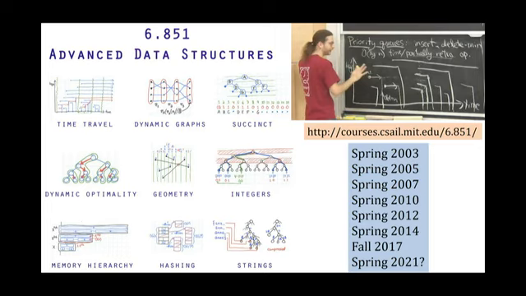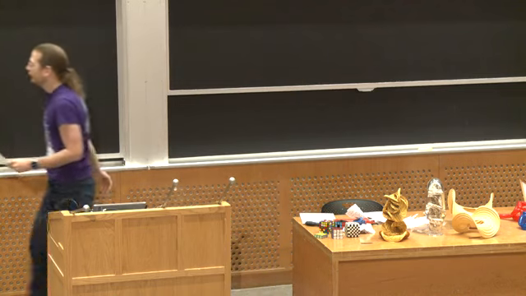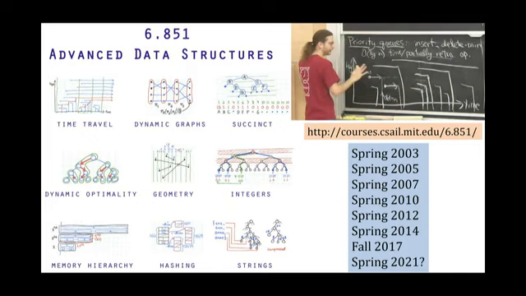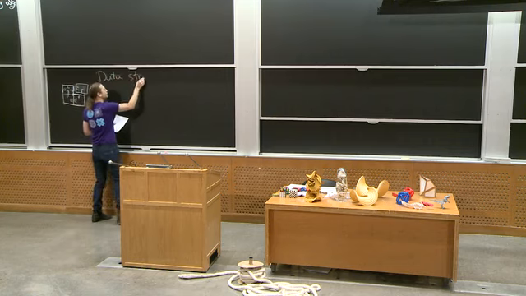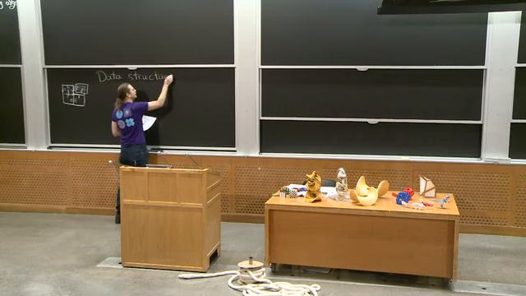So 6851, advanced data structures, is an extension of the sorts of data structures you've seen here in 006 and the ones you will see in 6046. I thought I'd give you a flavor of one such result, which is a problem we've seen in this class, done better.